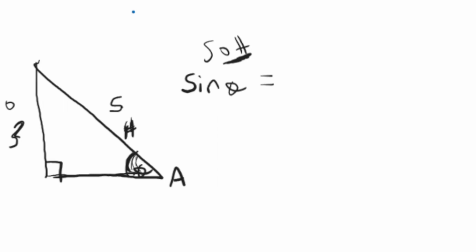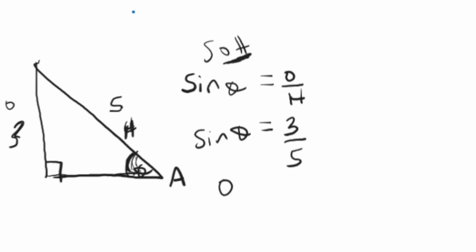Sine theta is equal to opposite over hypotenuse. So opposite is 3, hypotenuse is 5. So your theta is equal to sine inverse of 3 over 5.